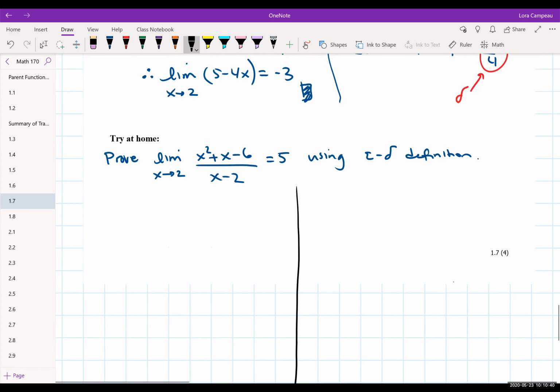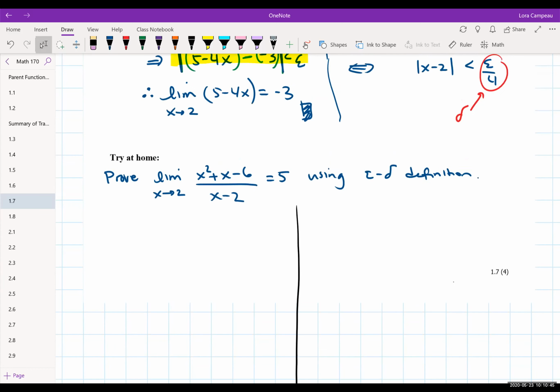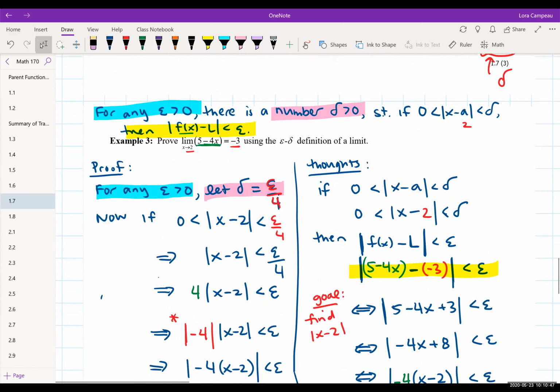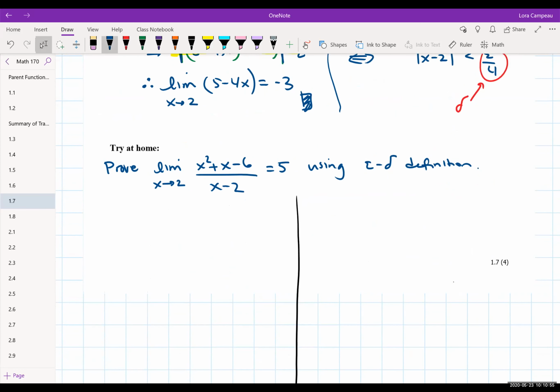And as far as our thoughts are concerned, remember we're going with the 3-part process. So I can refer back. I wrote it again up here. For any epsilon greater than 0, there's a number delta greater than 0 such that if, so with the thoughts part, we're looking at the if part. So we're going to look at if the distance between x and our given value is less than delta. So let's kind of fill this in for what we see.